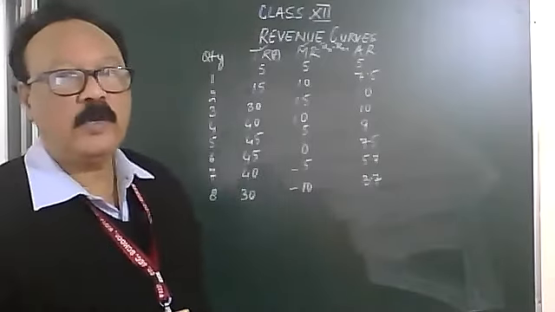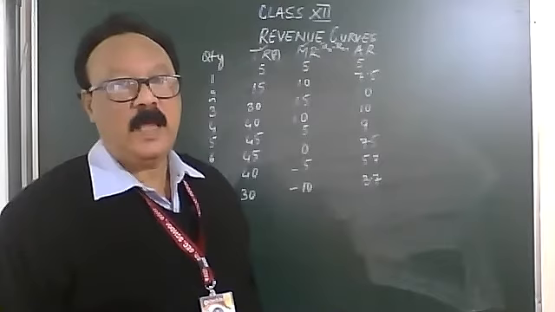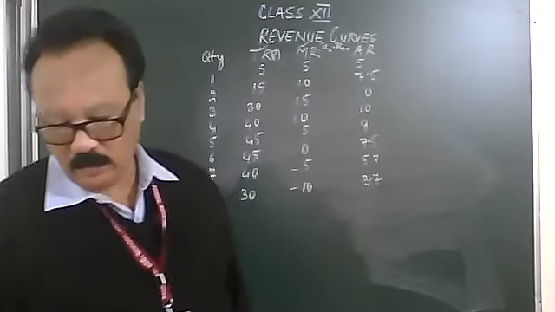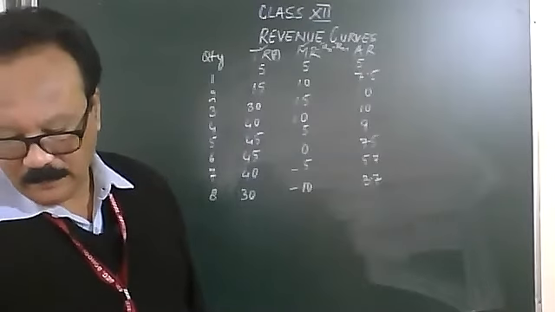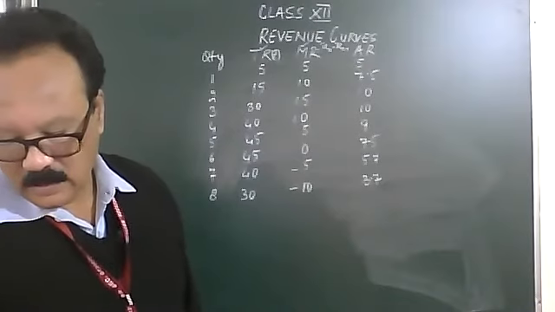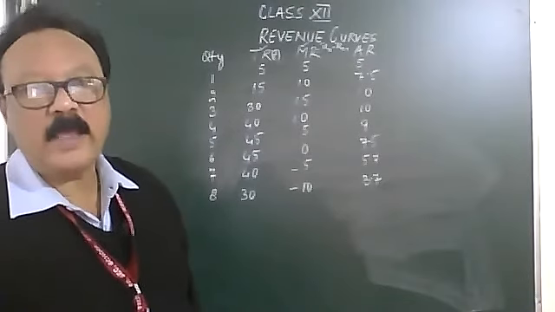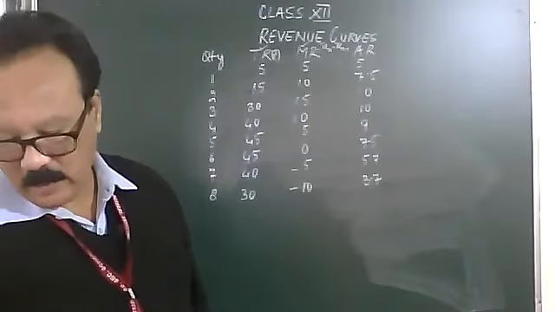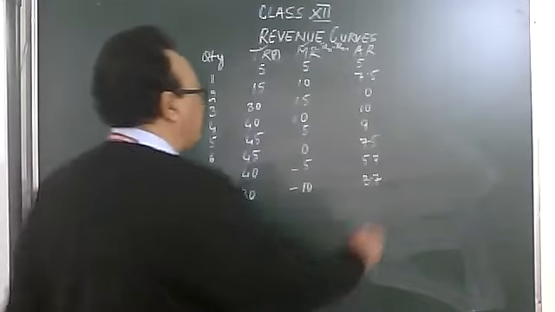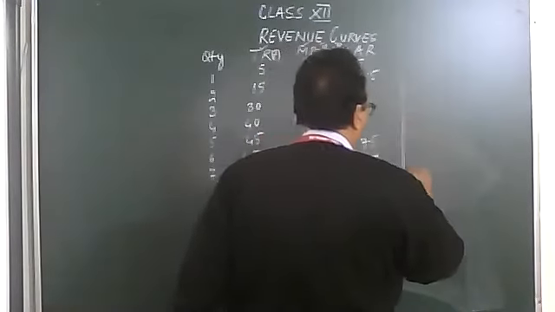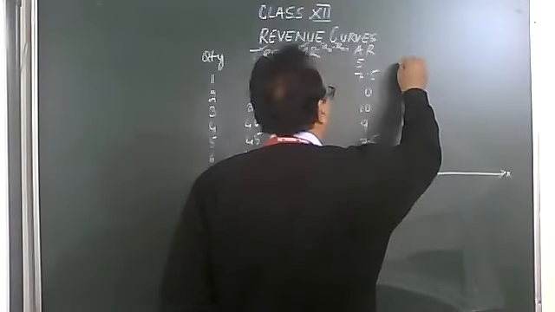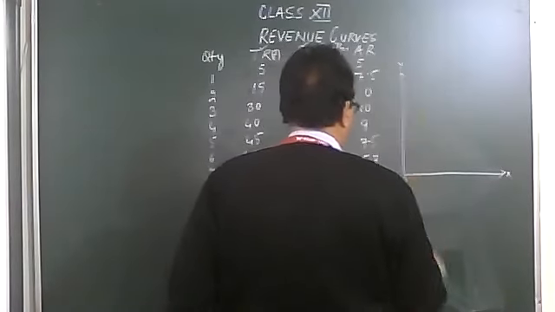Now children, I want you to take your pencil and scale and draw the figures from the schedule. First you will draw the TR and then MR and AR. MR and AR can be drawn in one, TR you can draw separately. Quantity you will take on the x-axis, and TR you can take on the y-axis.